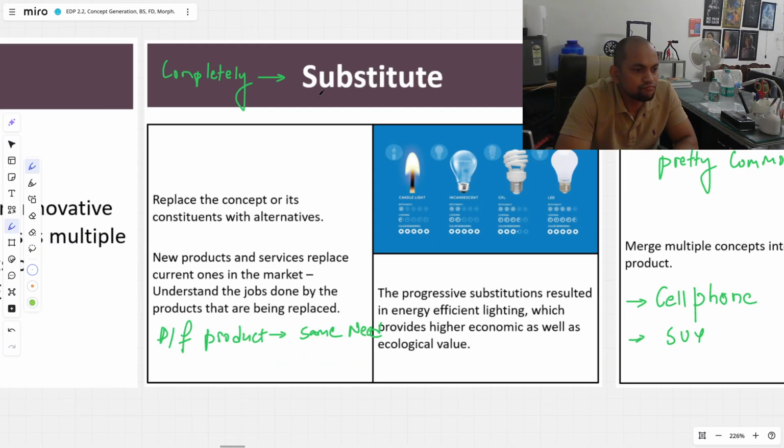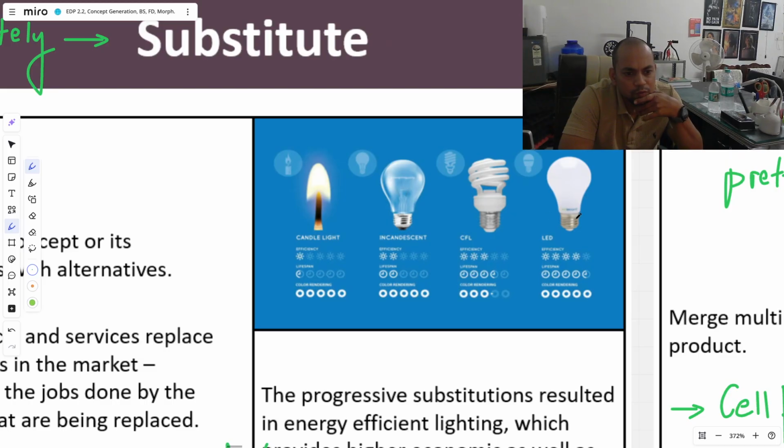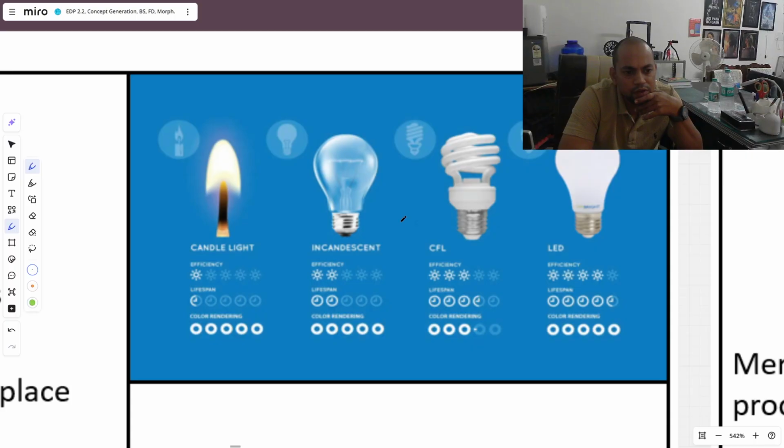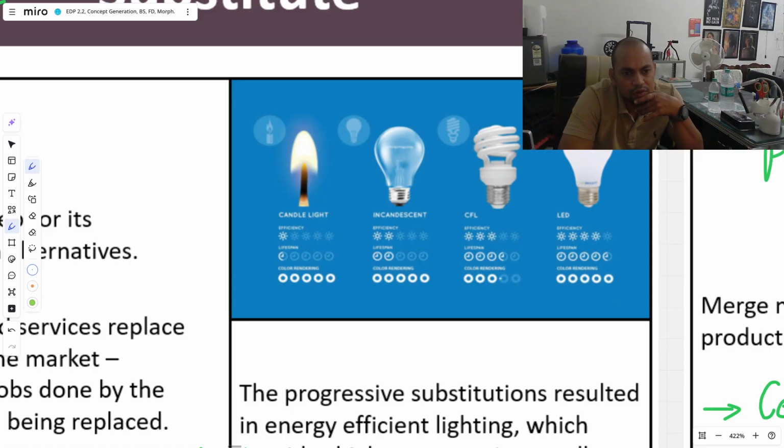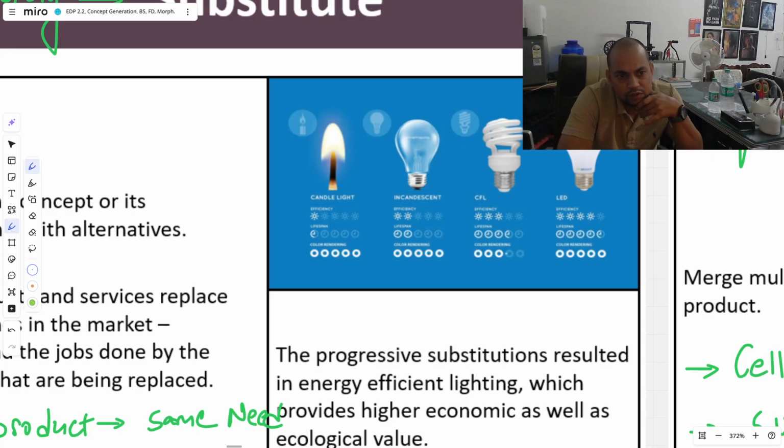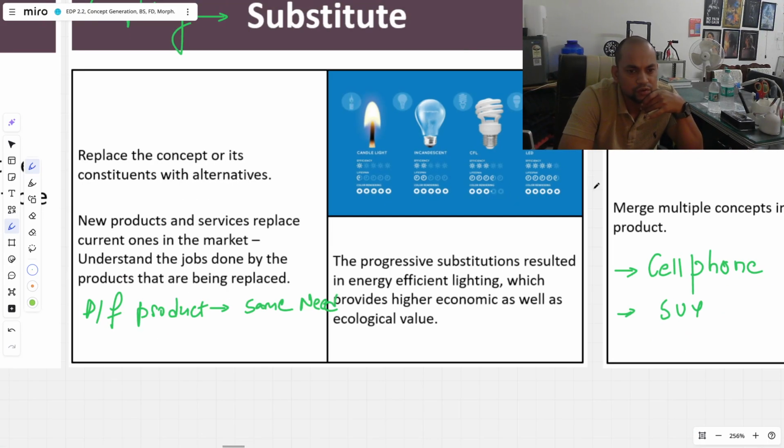So here essentially what we have done is change the product to serve the same need. Change one part or completely change the product itself. If you can see here, not all the components are removed. This screw adapter remains the same. So the new product has to use the same adapter so it can be used without much modification in the home.